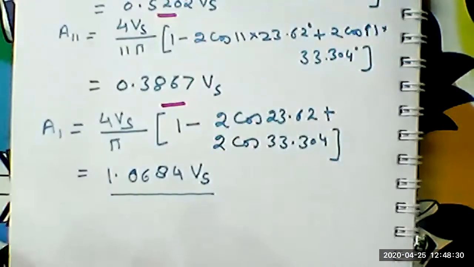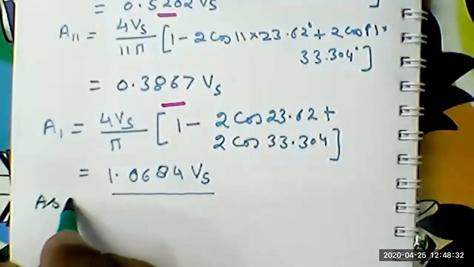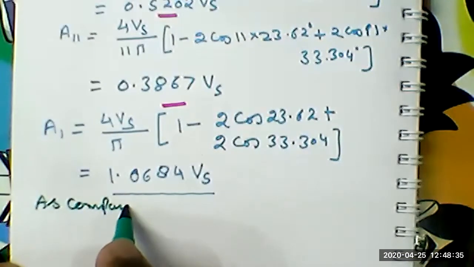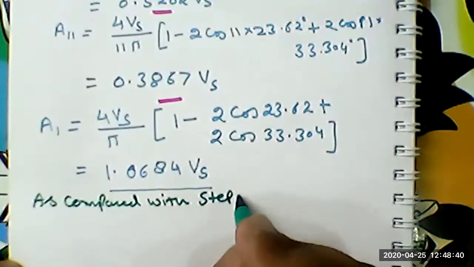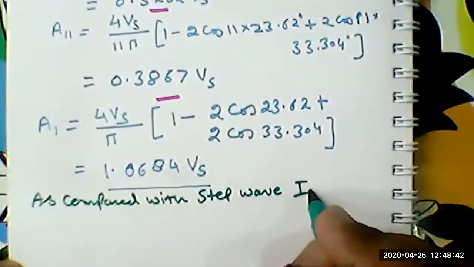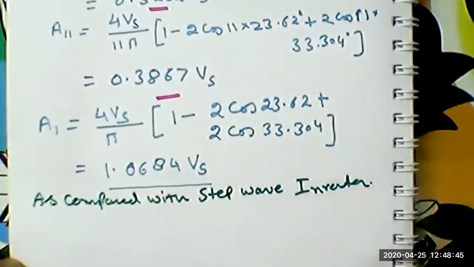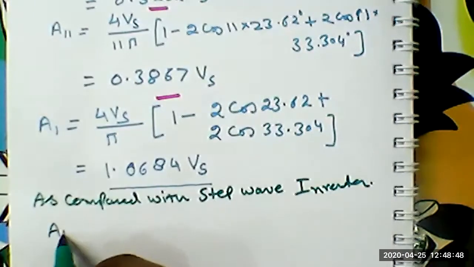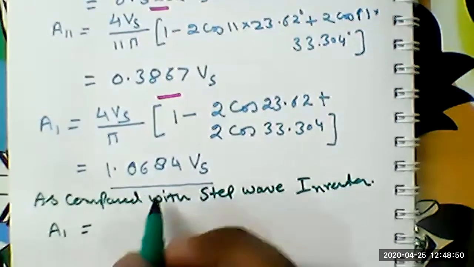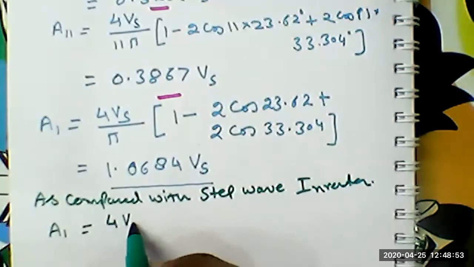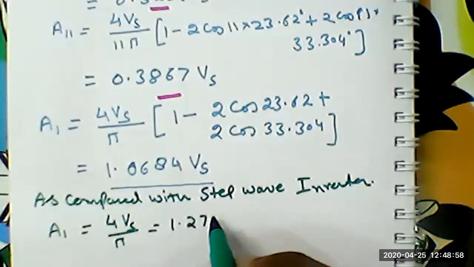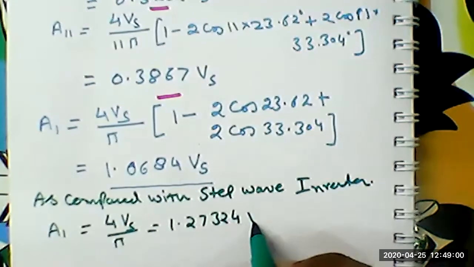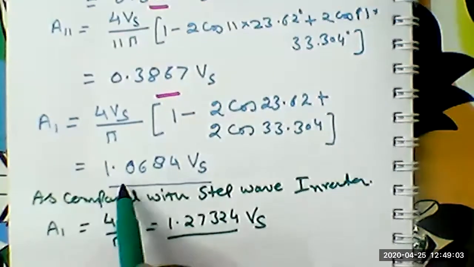So I am writing it with a different pen. As compared with step wave inverter, where A1 was 4 Vs upon pi, which is equal to 1.273 Vs. You can see that difference.